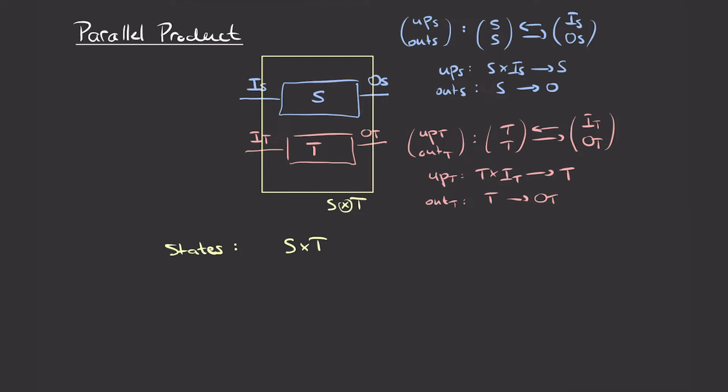And the fact that these 2 systems don't interact in any way is represented by the fact that we're not imposing any constraints on this Cartesian product.